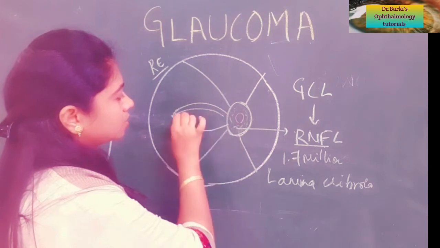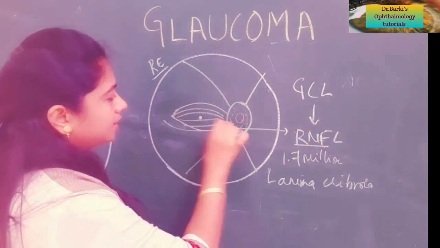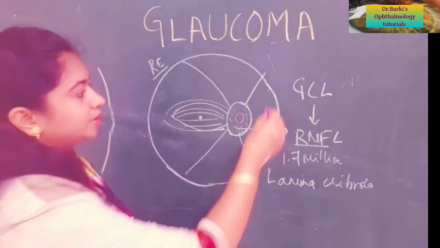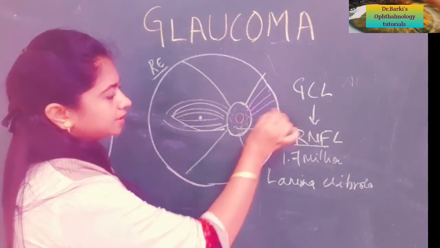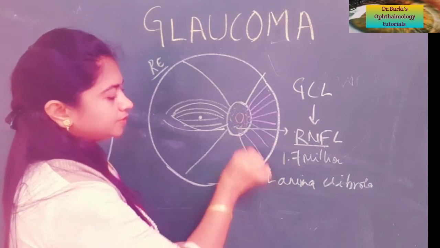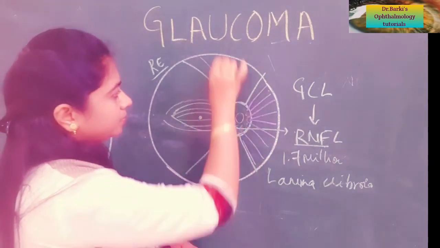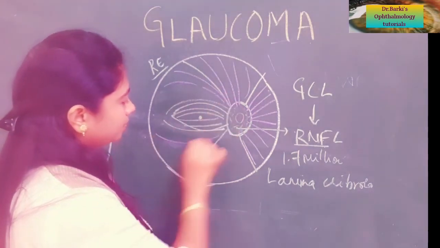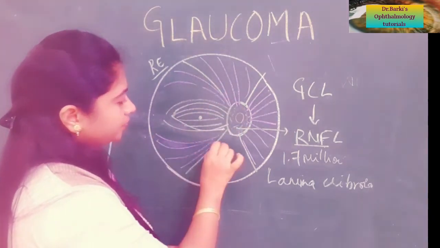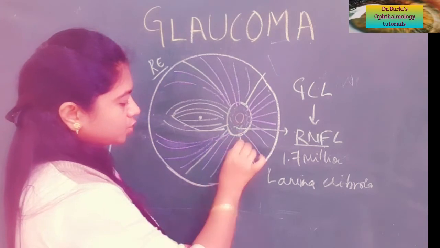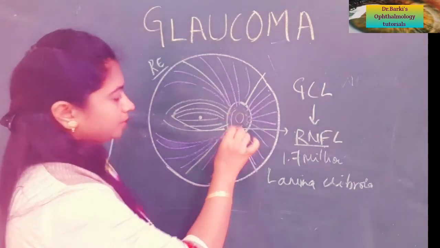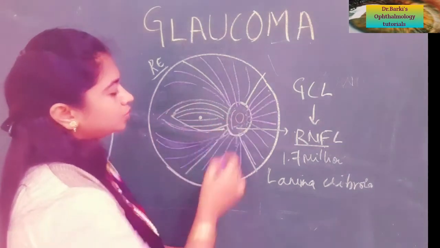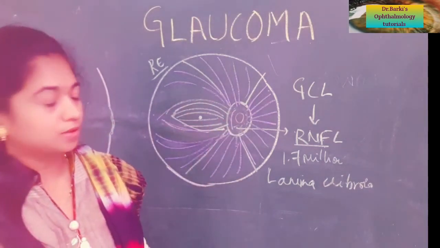The nasal fibers, coming from the nasal half of the retina, exit on the nasal part of the optic disc. The temporal fibers, and the fibers just above and below the papillomacular bundle, go through the superior and inferior poles and the temporal part. And the papillomacular bundle goes directly through the temporal part.